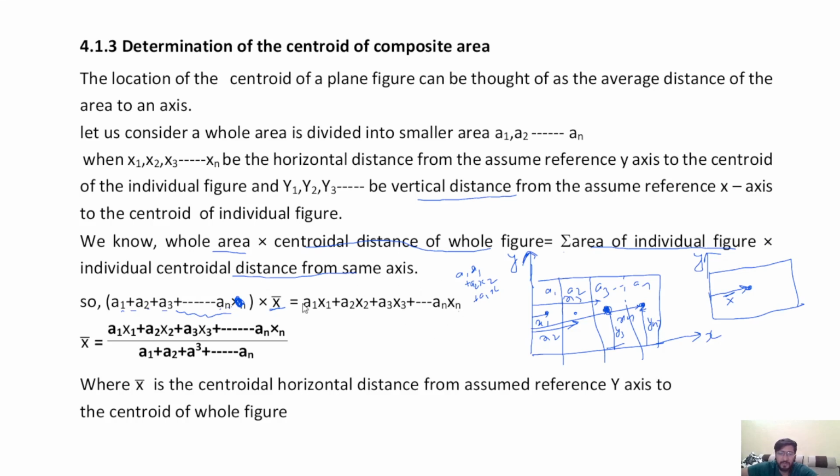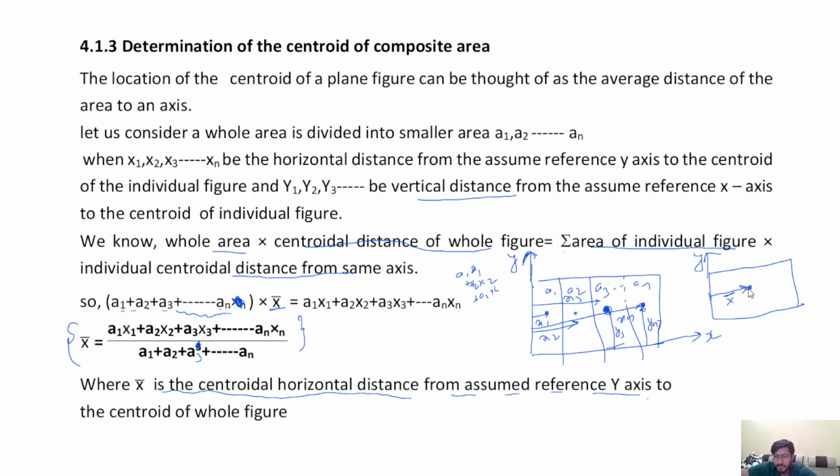That's why the sum of A1x1 plus A2x2 plus A3x3 and so on up to ANxn. So from here we derive the formula for x bar, that is equal to A1x1 plus A2x2 plus A3x3 plus ANxn divided by A1 plus A2 plus A3 plus AN, where x bar is the centroidal horizontal distance from the assumed reference y-axis to the centroid of the whole figure.